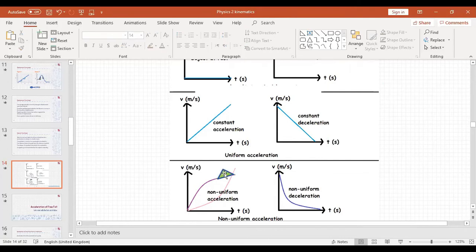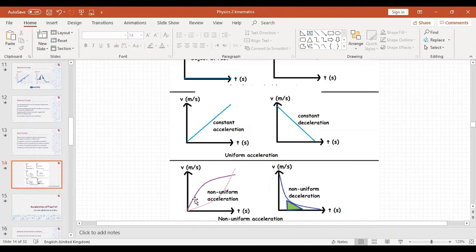With non-uniform deceleration, you can tell that the velocity is decreasing, and the gradient also keeps on changing. So there is non-uniform deceleration.